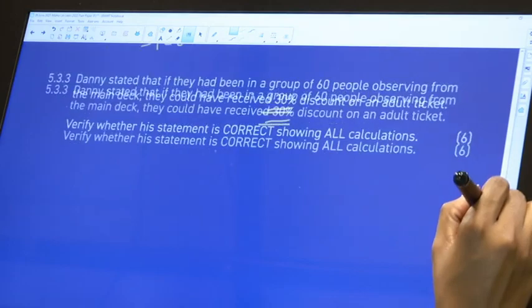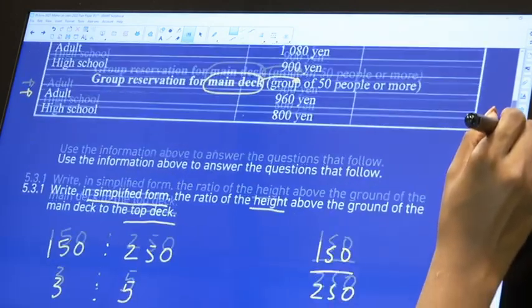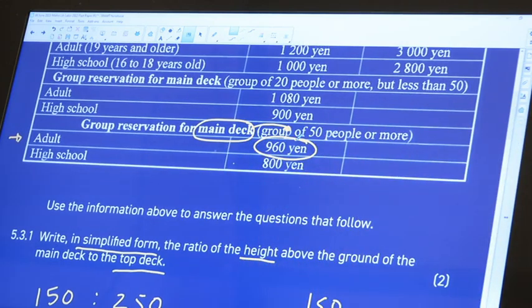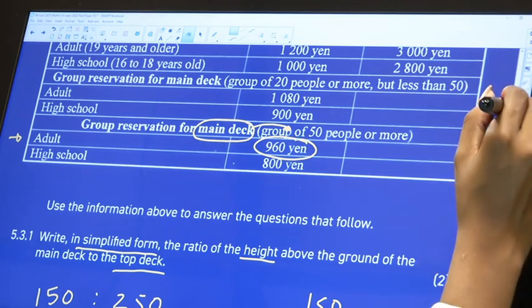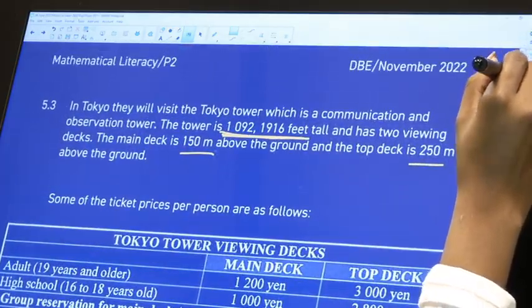Let's go read that again. There we go, for an adult ticket. So we just need to double check that. So it's going to be 960 yen. Okay, so 960 yen is given there in terms of the discounts. Let's see what this is saying to us.